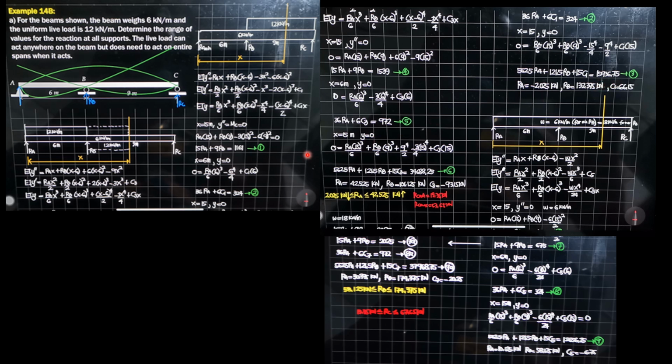15,936.75. So solving equations 1, 2, and 3 simultaneously, we get RA to be negative 2.025 kilonewtons, RB 132.375 kilonewtons, and C sub 1 66.15. Although that's not important, RA is important. So this is minimum, meaning to say it's downward.